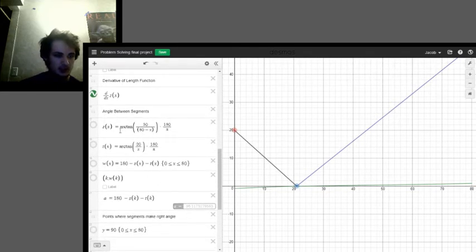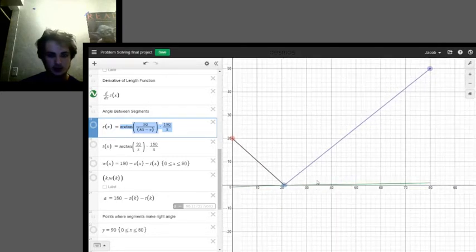So you can see I did that right here. This is the angle of this triangle right here, multiplied by 180 over pi, because Desmos puts this in radians and I want degrees.